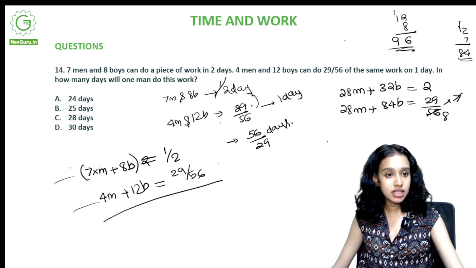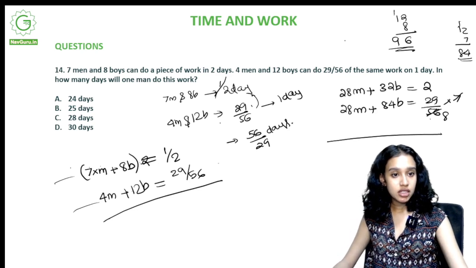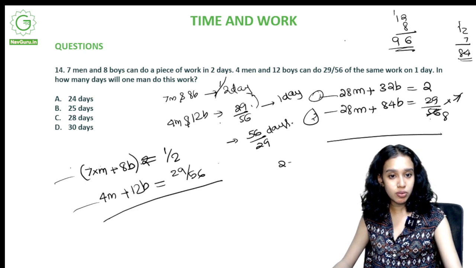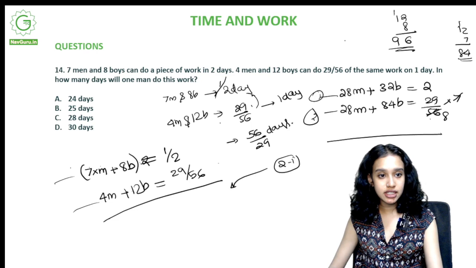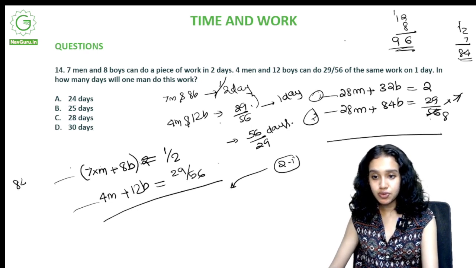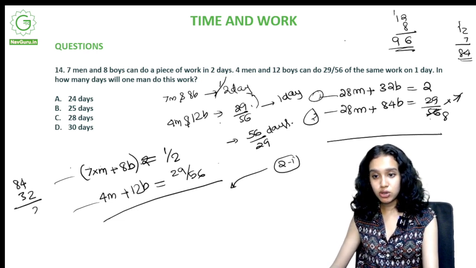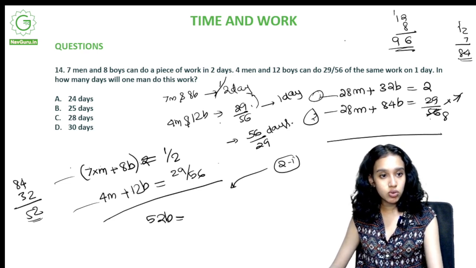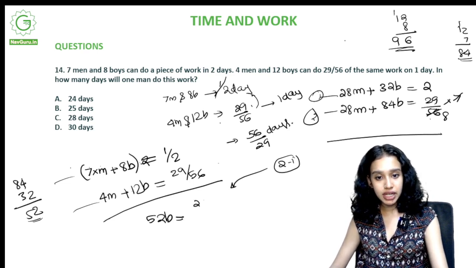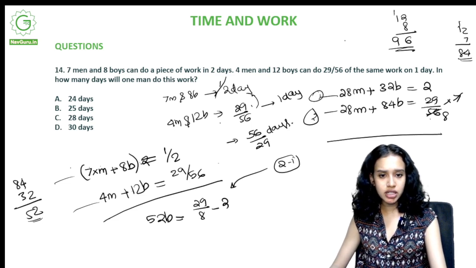Now, we'll subtract these two, that is, we'll do 2 minus 1, and we'll get 84 minus 32, 2 and 5, we have 52b is equal to 29 by 8 minus 2.